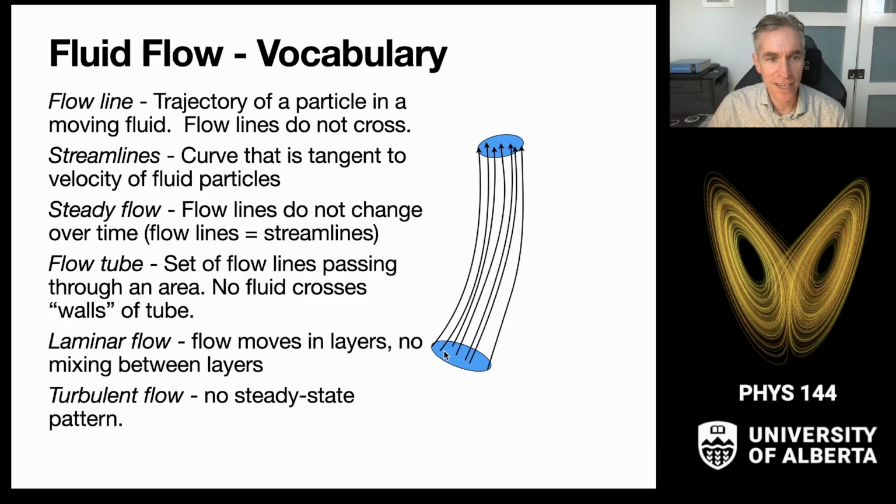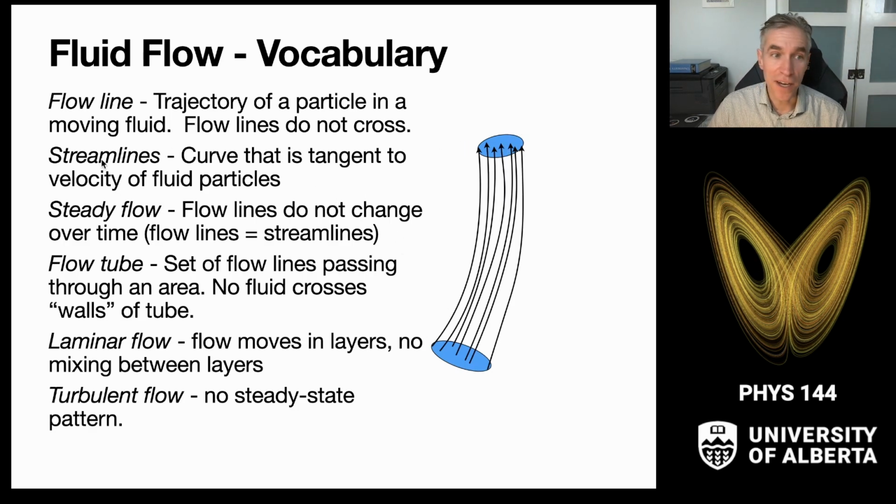This is a bad illustration of flow lines. A fluid flow can pass through one area here along a set of flow lines, and these flow lines are little trains of particles. Flow lines don't typically cross in the nice flow that we're dealing with, so all the particles move one after another along these flow lines.